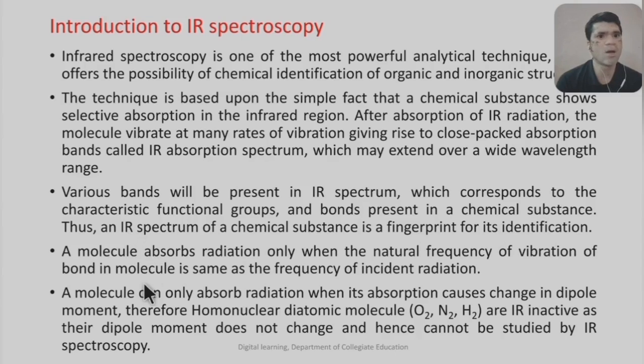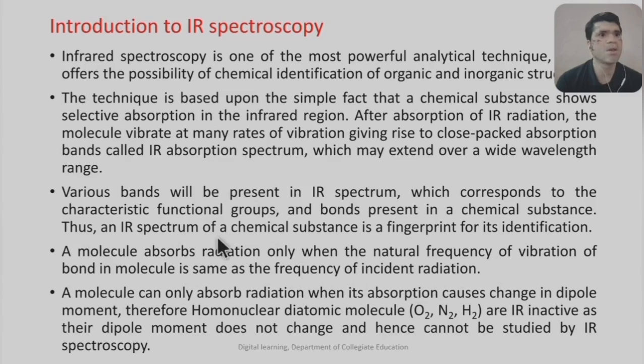The molecule absorbs radiation only when the natural frequency of vibration of a bond in the molecule is the same as the frequency of the incident radiation. That means the natural frequency of vibration of the bond should match the frequency of radiation we are incident on the sample.